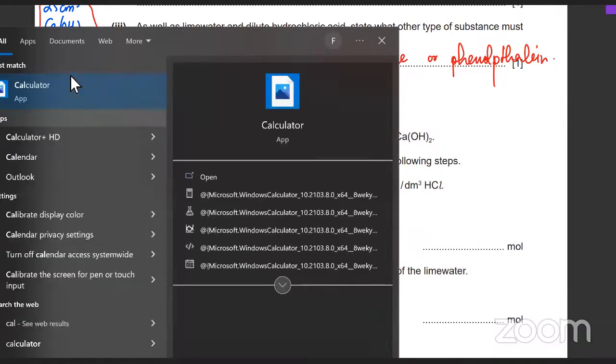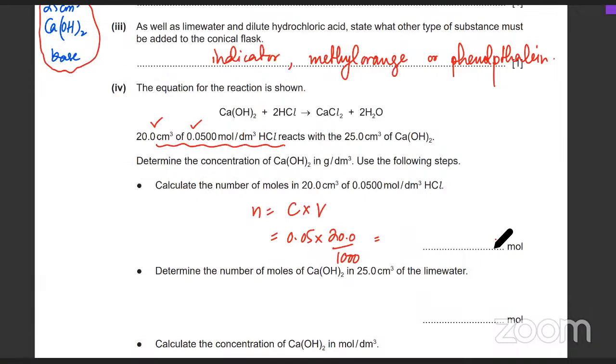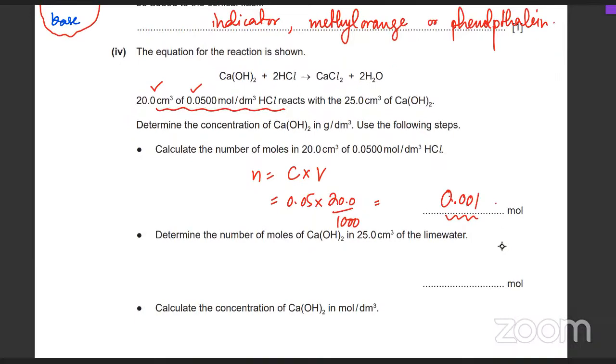It's 0.001 moles. These are the moles of HCl. Now, you need the moles of calcium hydroxide.